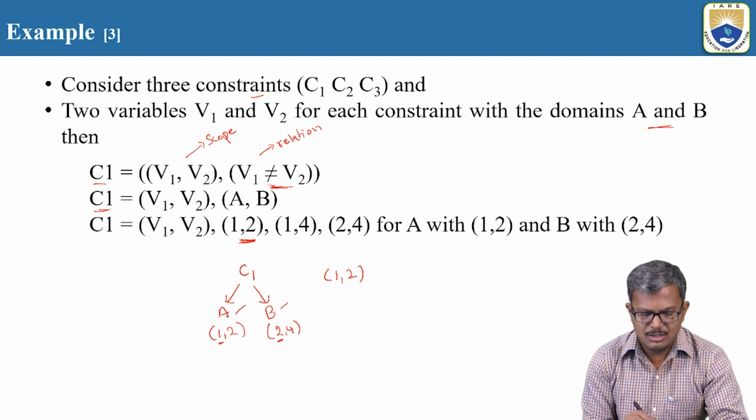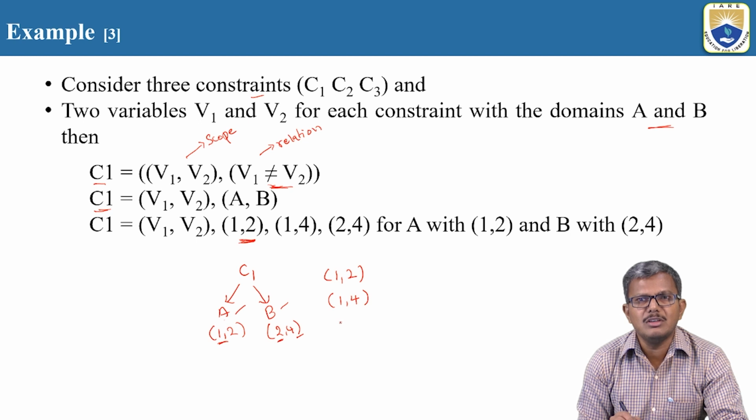In the similar fashion, we take one value from A and another value from B domain. The other possibility for assignment is 1, 4. At the same time, it is 2, 4. I should not take 1, 1. Why? I should not take 2, 2, with one value from the A domain and another from the B domain.